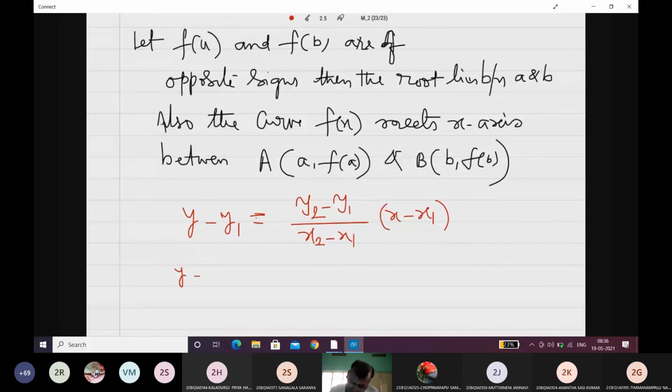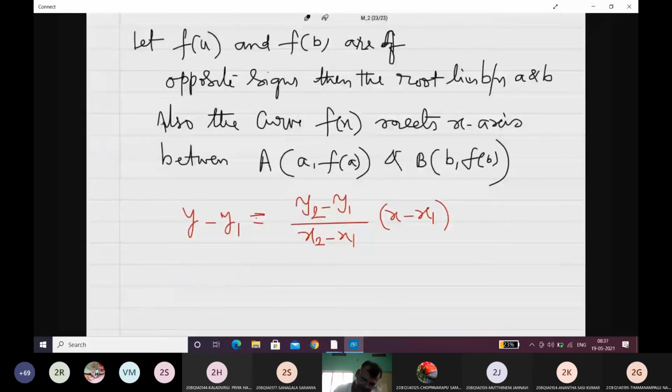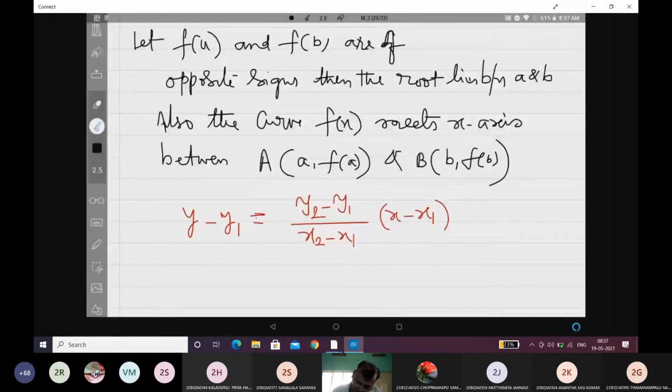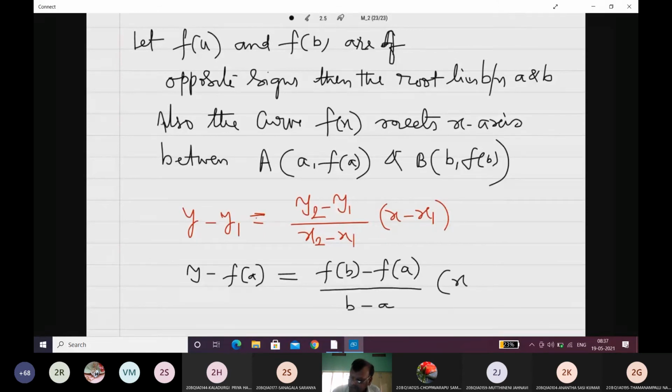That means y minus f of a is equal to f of b minus f of a by b minus a into x minus a.